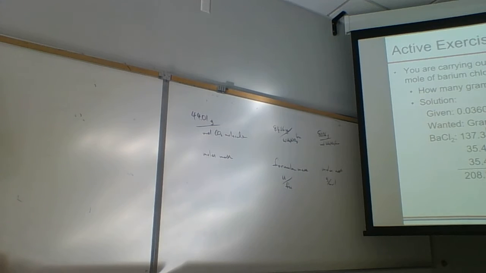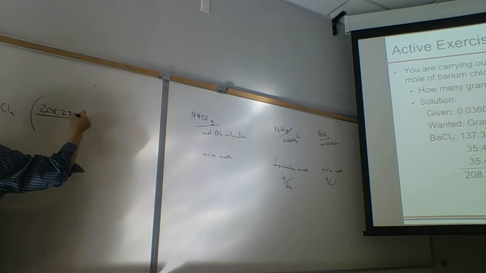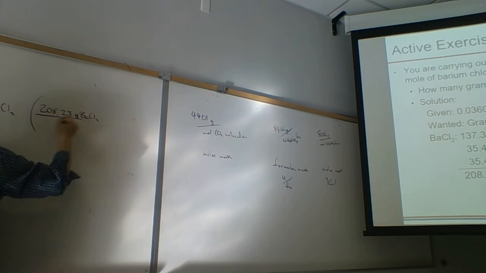All right, then what we have is 0.0360 moles. So 0.0360 moles is how many sig figs? That's 3 sig figs. So we would prefer at least 4 sig figs in our conversion. We have 5 in this case. So what is it? It's going to be 208.23 grams of barium chloride per mole of barium chloride.